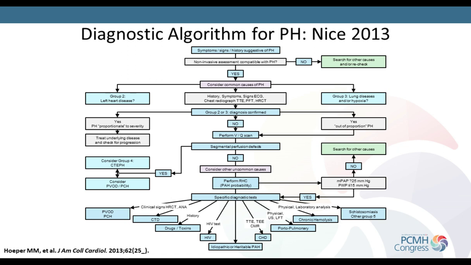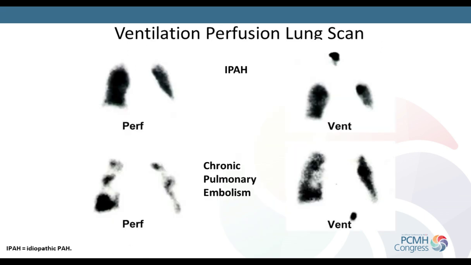Now, half of the time, these patients don't give a history of acute pulmonary embolism. They're simply coming to you saying, I'm short of breath. And you have to think about whether this patient could have unresolved pulmonary emboli from some point in the past. To make that diagnosis, we recommend a ventilation perfusion scan, shown here, to screen for that. This is a test that's been done for many, many years. It's a nuclear medicine test.